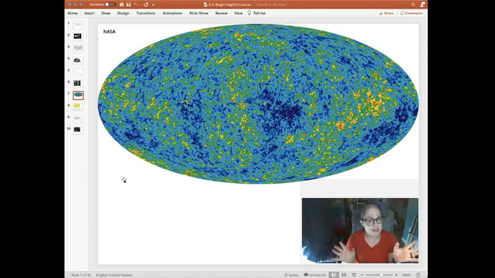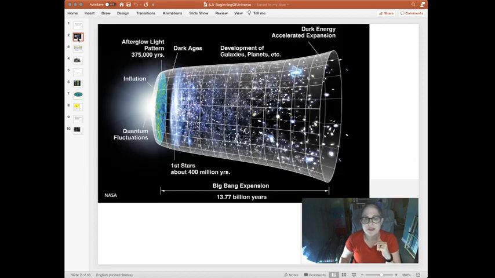But I haven't explained where this light comes from. This light, actually I'm going to back up for a sec. So again, this happened at 375,000 years after the Big Bang, which sounds like a lot, but over billions of years, that's really early. That is where that signal's coming from.